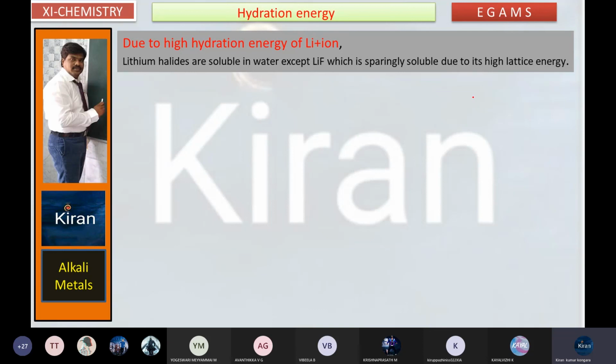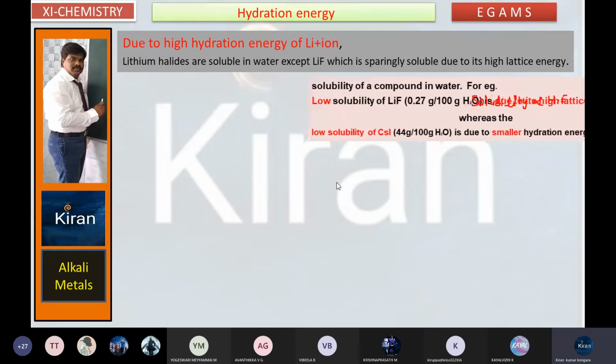What is that? Solubility. Solubility is directly proportional to hydration energy. When hydration energy increases, solubility increases. For example, among lithium chloride to cesium chloride, whichever compound has high hydration energy will be soluble in water, that is lithium chloride.